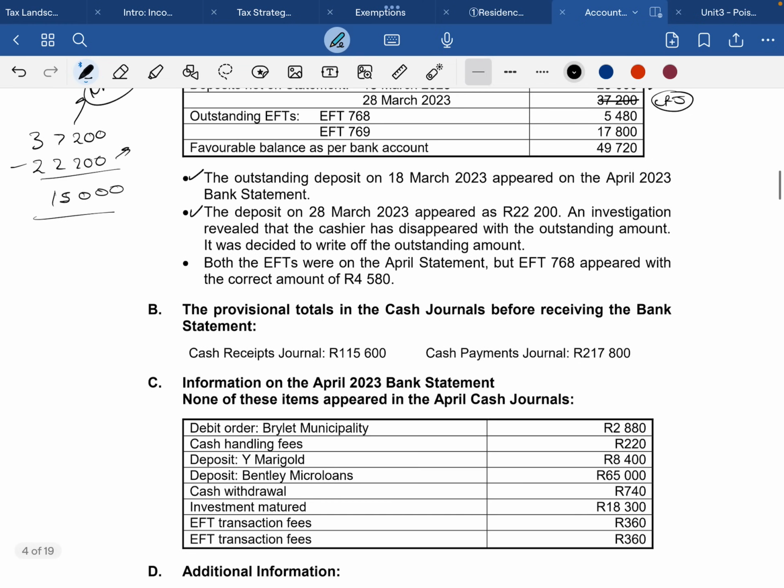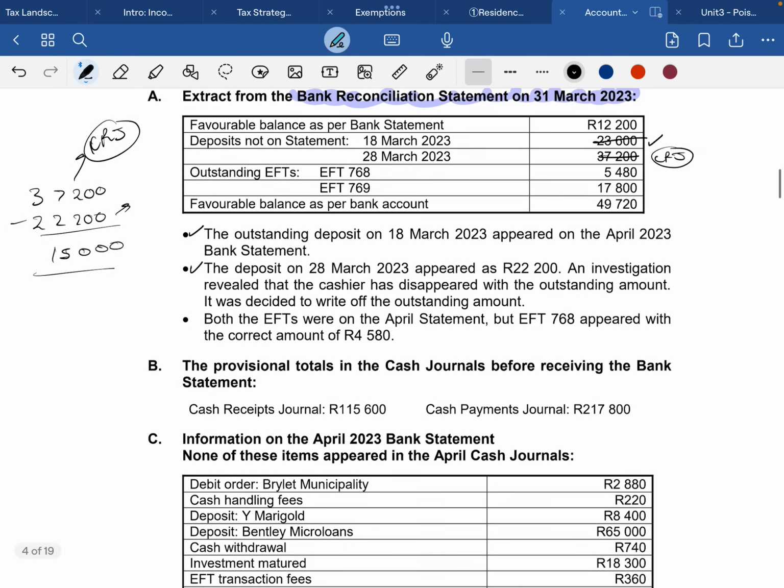Then the last bullet point says both the EFTs were on the April statement, but EFT 768 appeared with the correct amount of 4,580. We told the bank, listen, we have paid 5,840. Please record that.